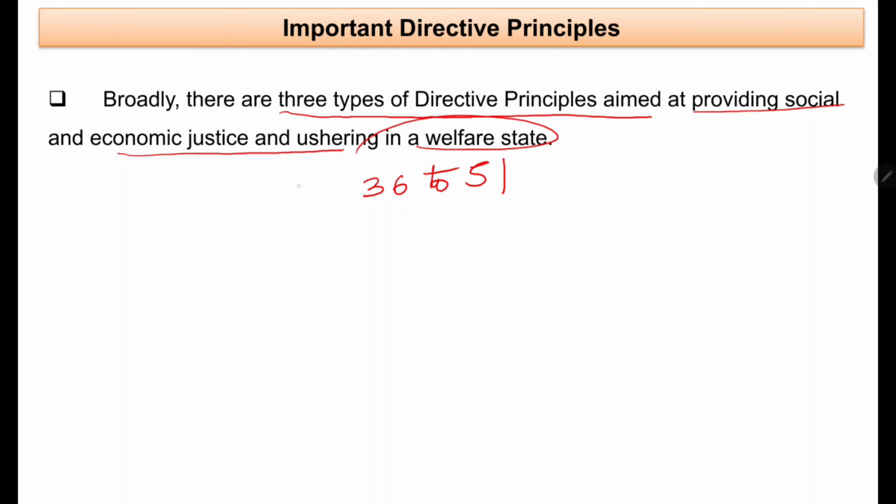In fundamental rights, it was from Article 12 to 35, isn't it? Part 3 deals with 12 to 35. Here the directive principles deal with Article 36 to 51.